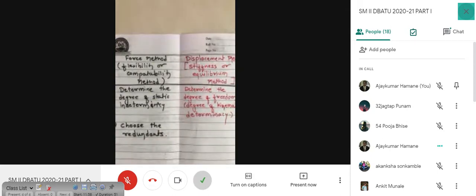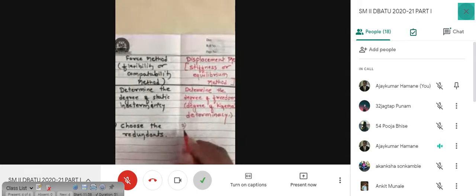And in the displacement method, identify the independent displacement components.